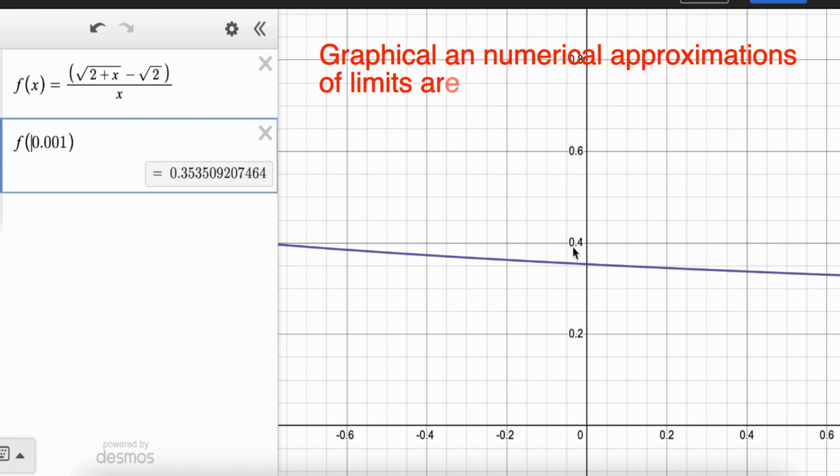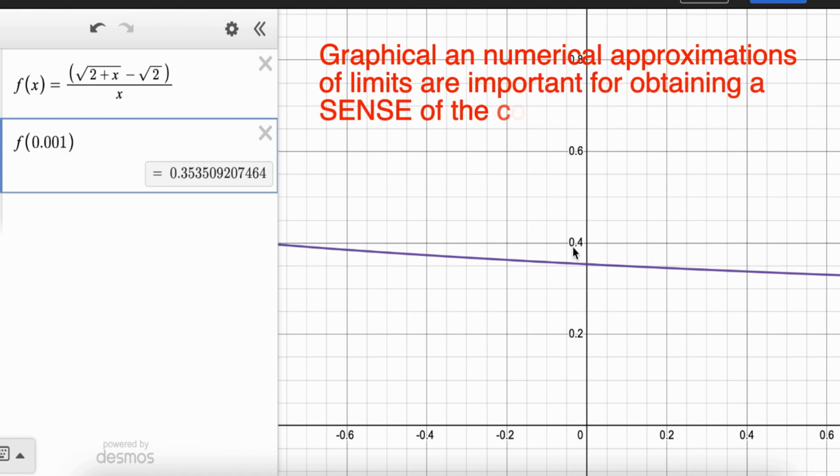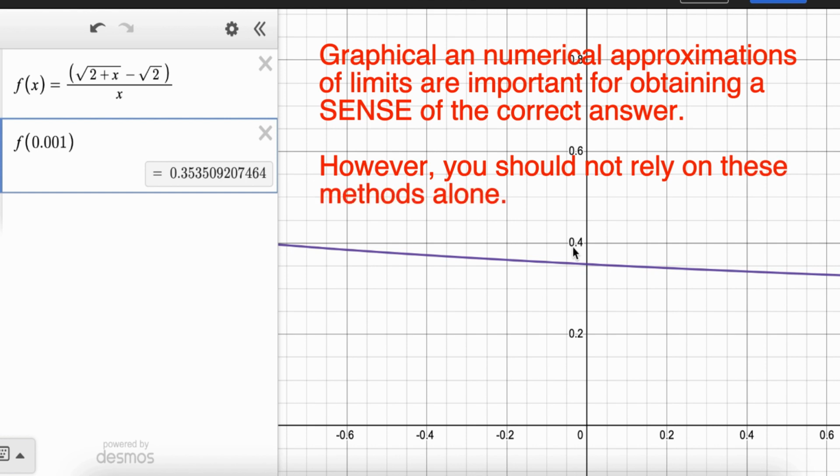What your instructor is probably going to want is the exact value of this limit whenever x is approaching 0. And we can evaluate the limit exactly by investigating this limit analytically. That's what we're going to do next.